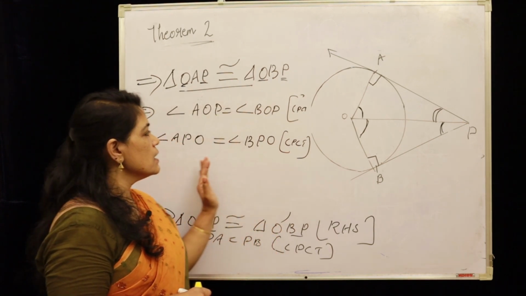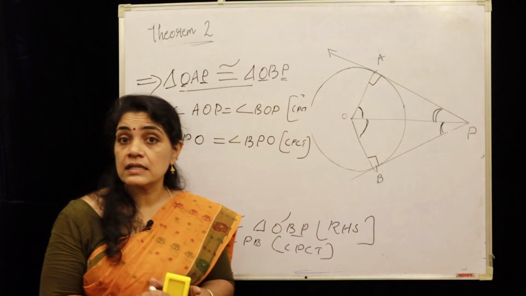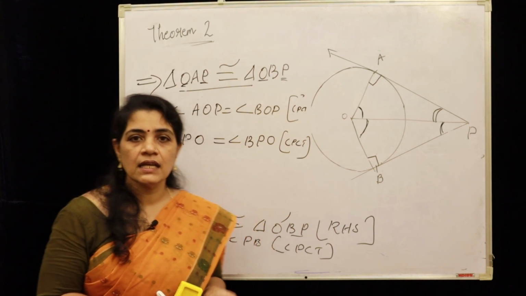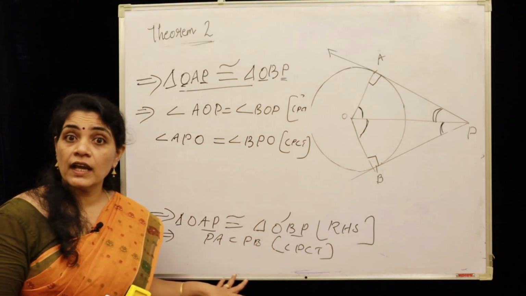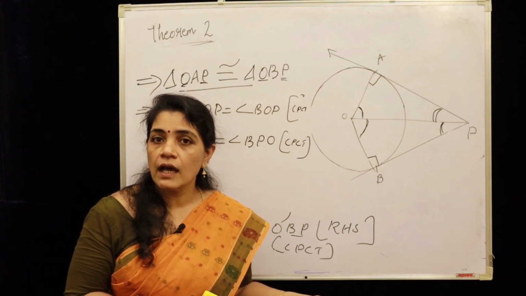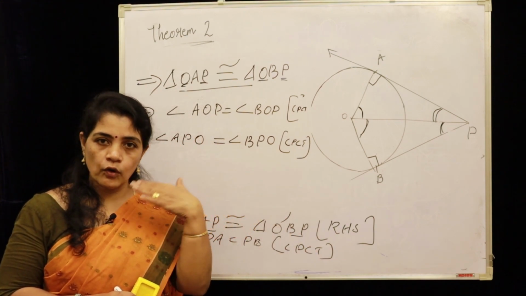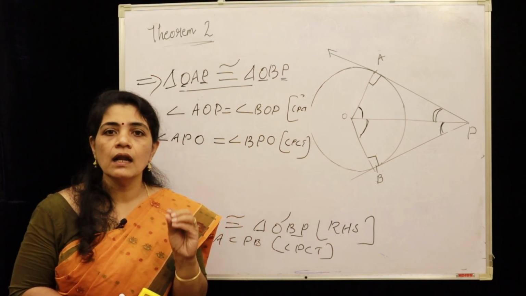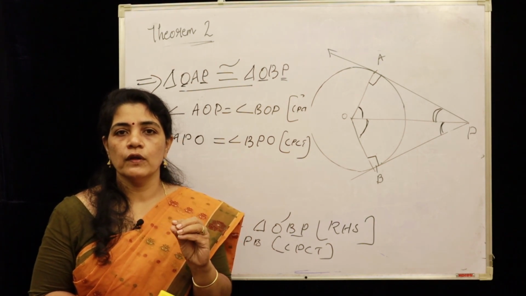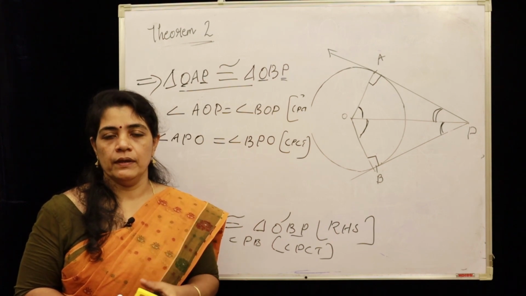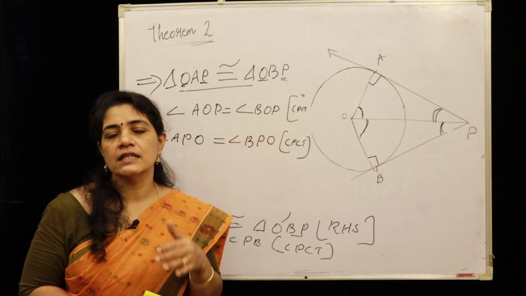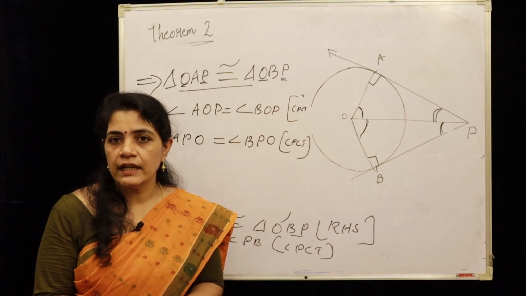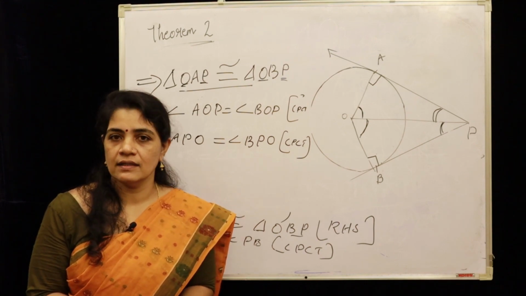So these are the very important results you can easily get by proving the lengths of tangents from the external point to a circle are equal. All these three results, first we have to show that triangle OAP is congruent to triangle OBP, and by applying CPCT, whatever result is needed, you can easily reach.